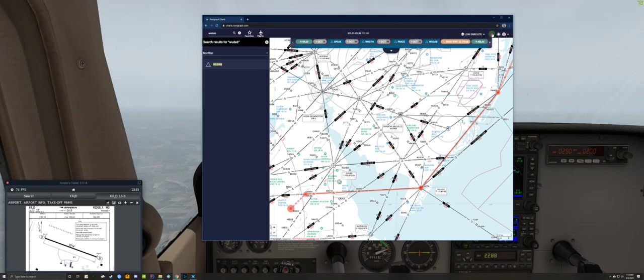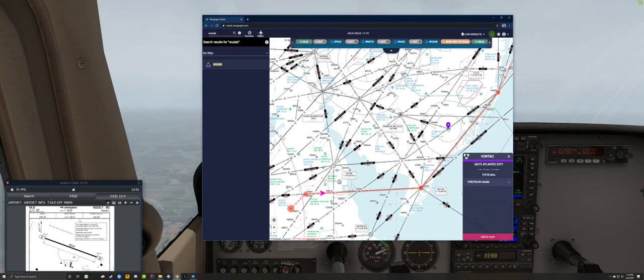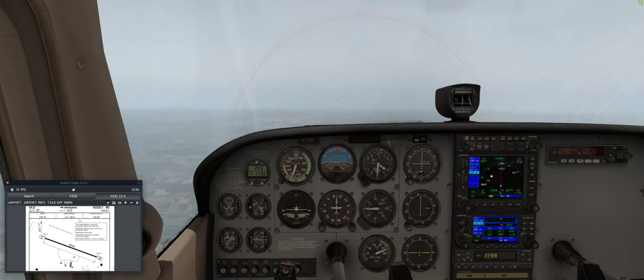Oh, and our aircraft isn't on this map, so let me hit the button there. There. It's just not picking it up yet. We'll come back to that.